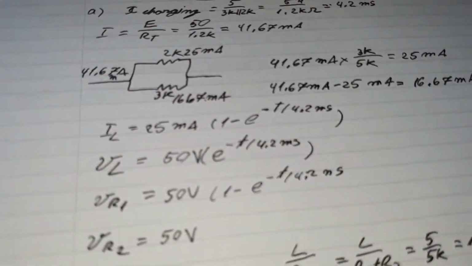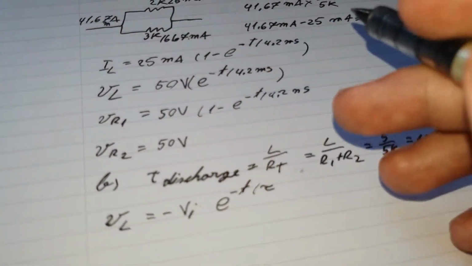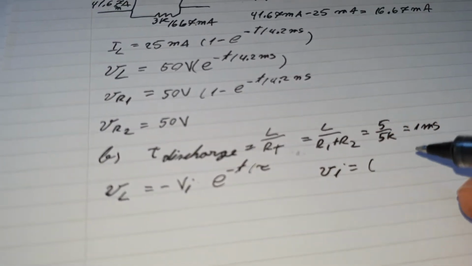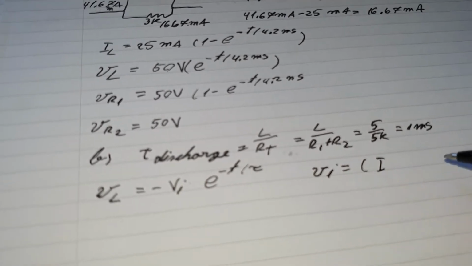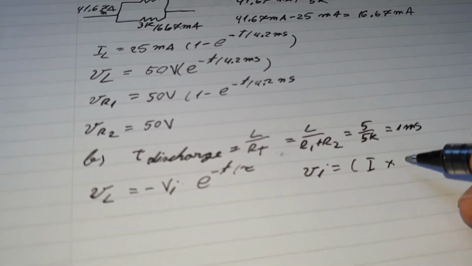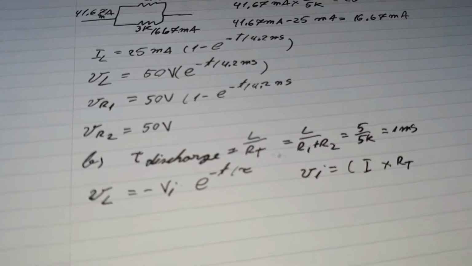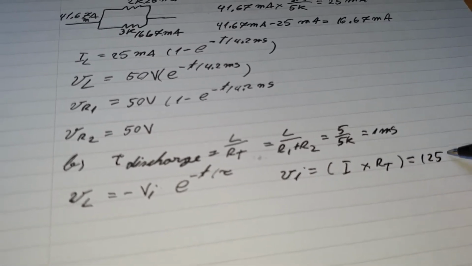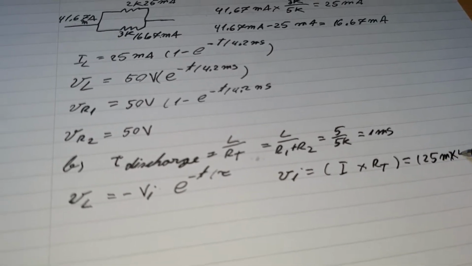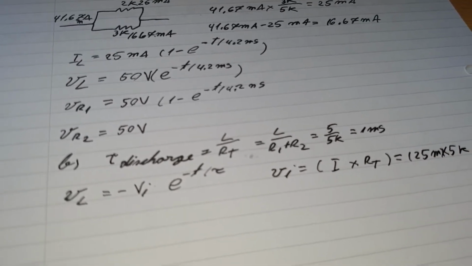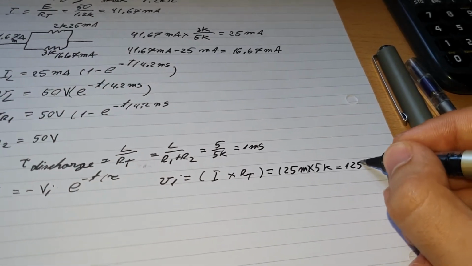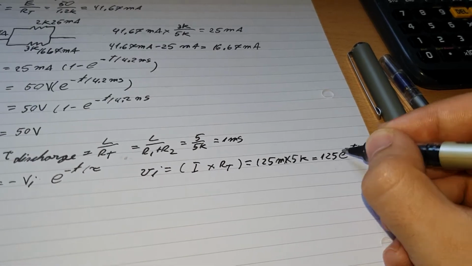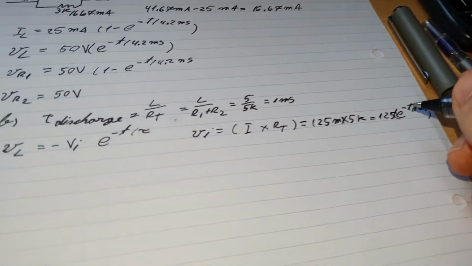And there is a simple formula for it actually, because the initial voltage Vi will be equal to the current I inside the inductor multiplied by the total resistance RT, and that will be 25 milliamps times 5k, and that will be equal to 125 volts times e to the minus t divided by the time constant of 1 millisecond, because this indicates the time as well.